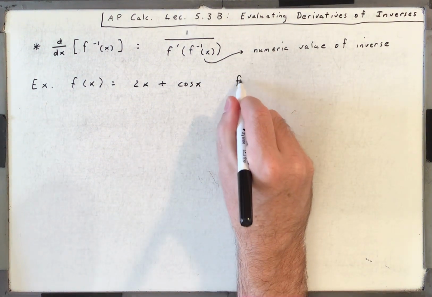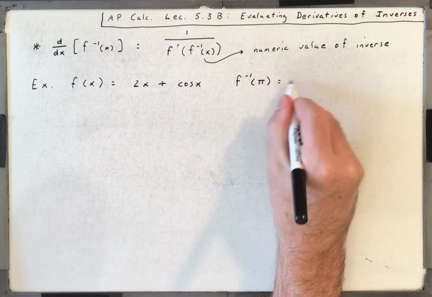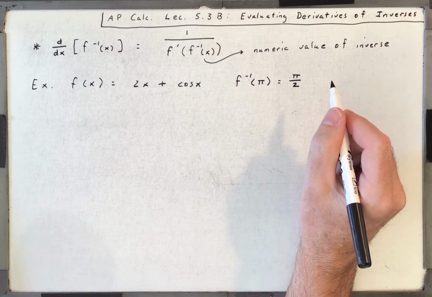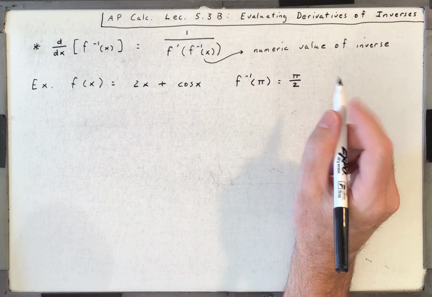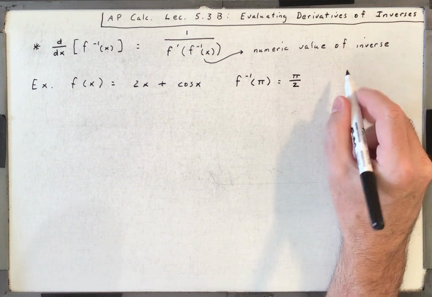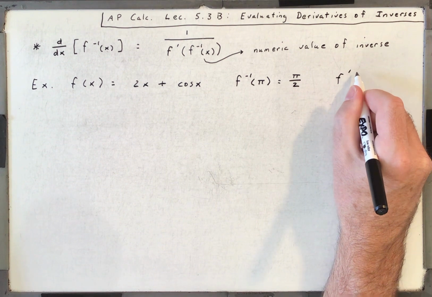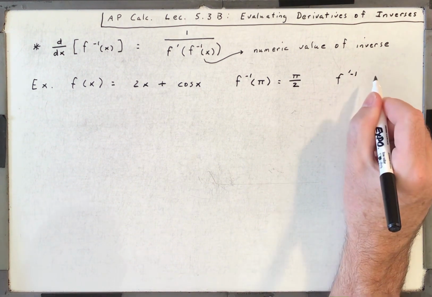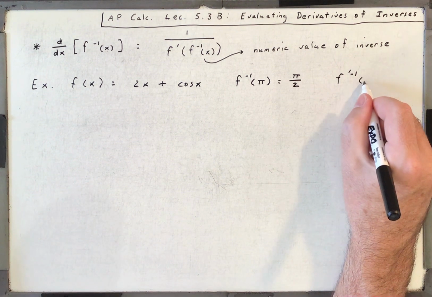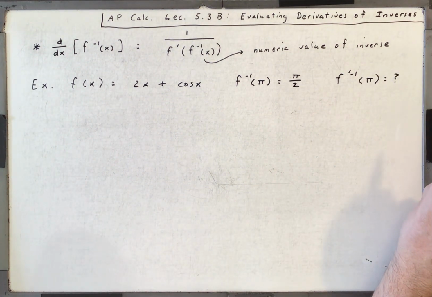And we know that the value of the inverse at pi is equal to pi over 2. So we want to find the value of the derivative at x equals pi. So what we want to find is the derivative of the inverse. So that's f prime, and then you have the minus 1 to indicate the inverse of pi. Okay, that's what we're trying to find.